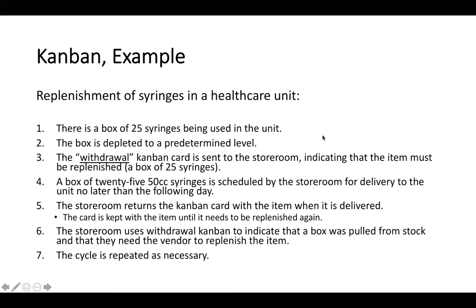So let's assume we use these syringes for different patients and different operations and so forth till we get, let's say, to 5 syringes in the box, a predetermined level. And once that happens, this box has a Kanban card, which specifies the name of the item, where it is going to be used, how many of these items we need, and also by what time.